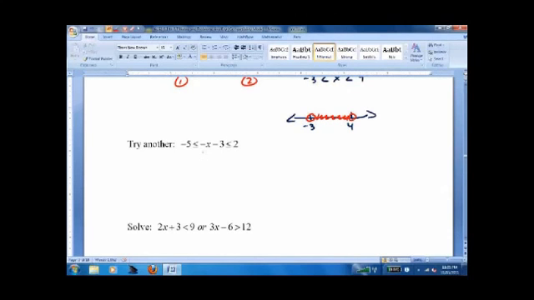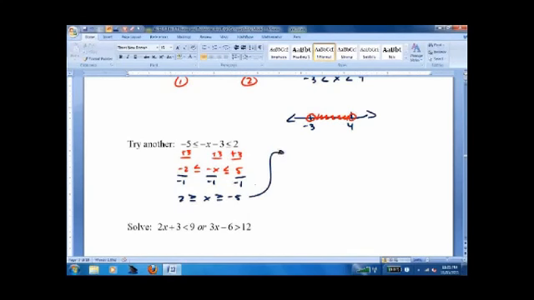So try another one. Now we got to watch out. Looks like a negative will pop up. +3. Got to do it 3 times now. And watch your negatives and be careful with all that. Divide by -1. We all know what happens when we divide or multiply by a negative. 2 is greater than or equal to x, greater than or equal to -5.